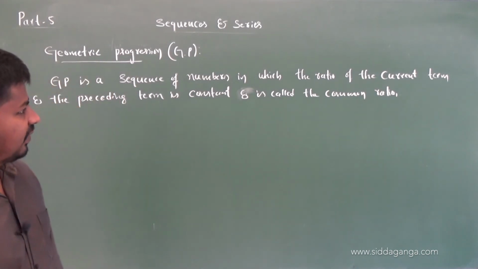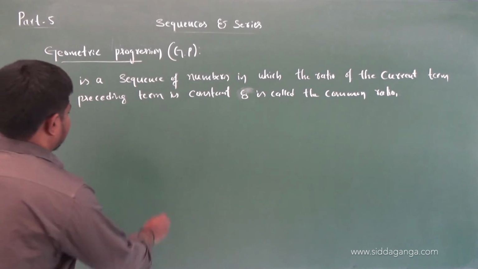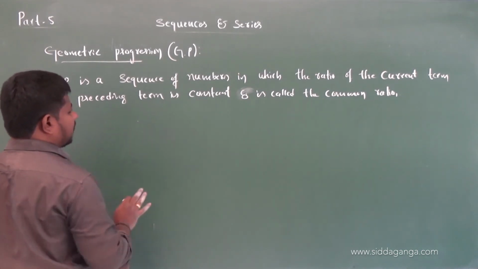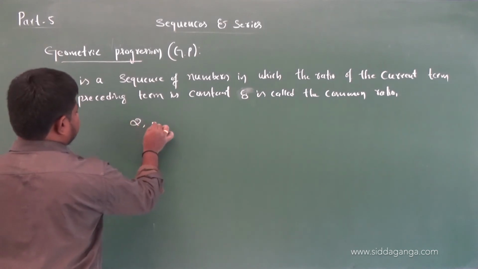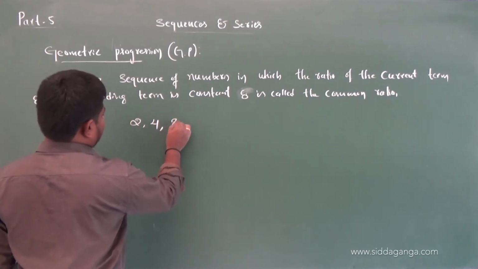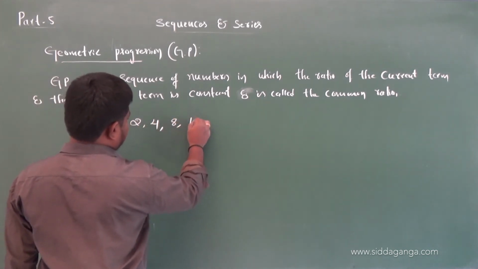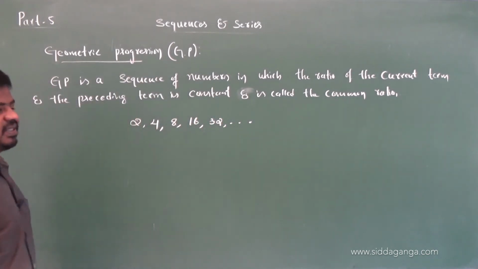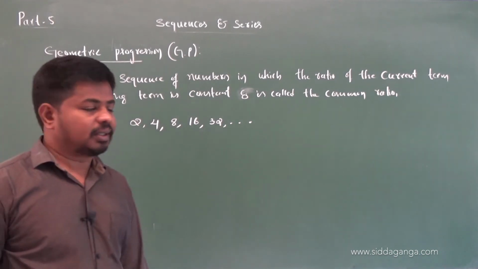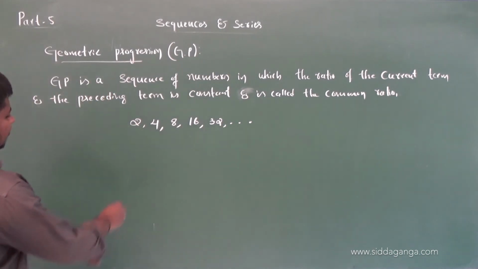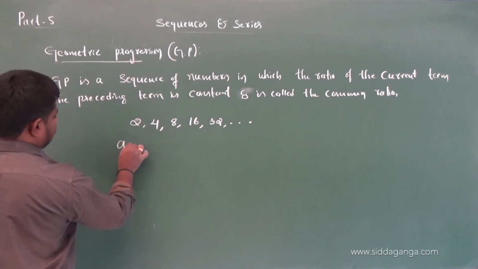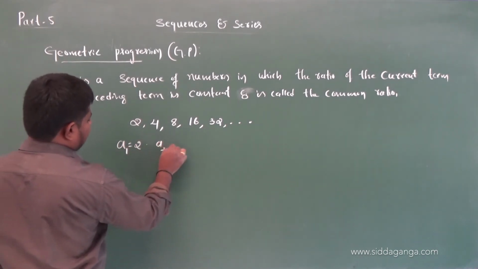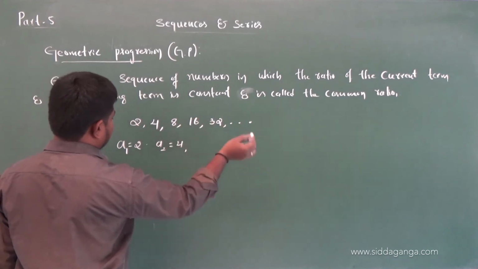Okay, for example, I am going to take an example. A sequence with the first term non-zero: 2, 4, 8, 16, 32, and so on. This is the best example for geometric progression, right? Here the first term a1 is 2, a2 is 4, a3 is 8, and so on.